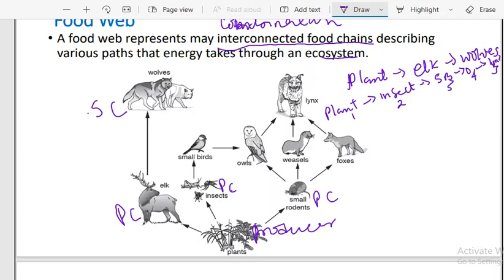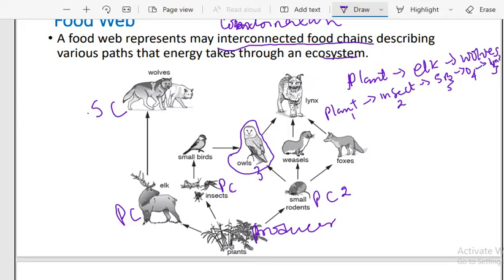So you see, in exam, they might ask you to identify an organism that occupies 2 different trophic levels on a food web. Now, if you look at the owl here, it occupies two different trophic levels. Why? Because it feeds on 2 different animals here. So it feeds on a small rodent, which is in the second trophic level, so the owl can be in the third trophic level.